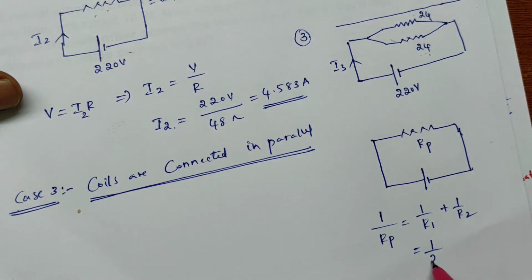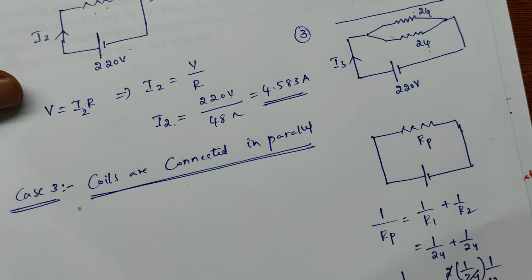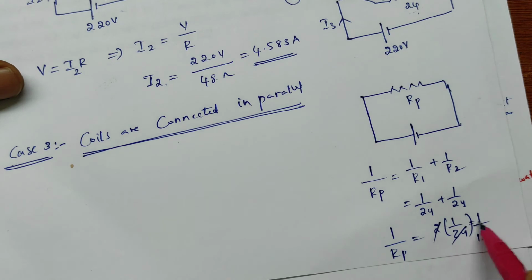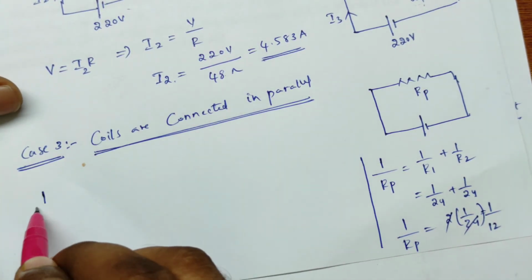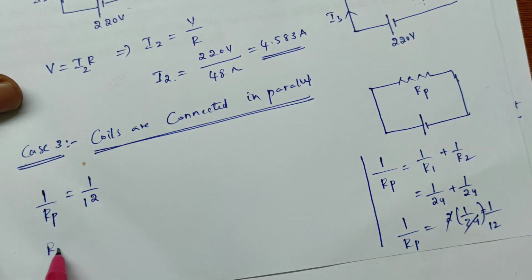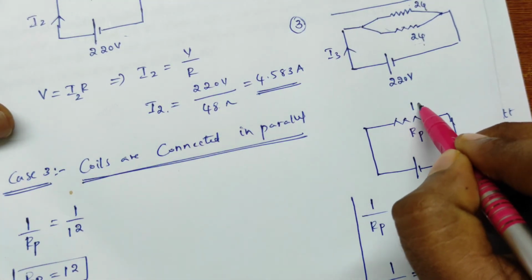So 1 by 24 plus 1 by 24 is equal to 2 times 1 by 24, which is 1 by 12. So 1 by Rp is equal to 1 by 12, that is nothing but Rp is equal to 12 ohms.